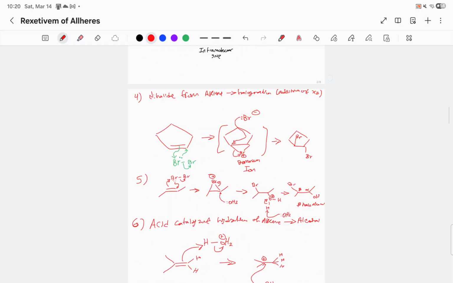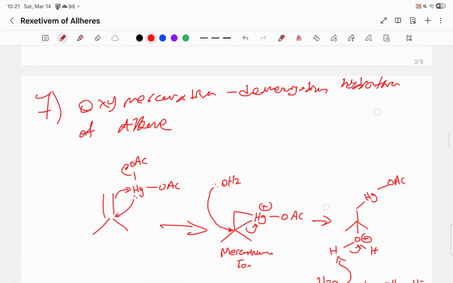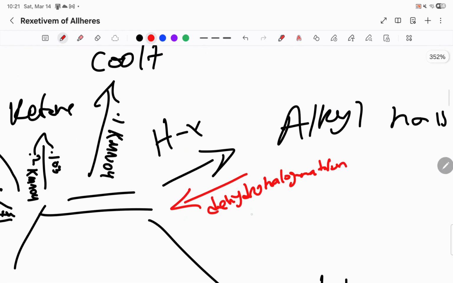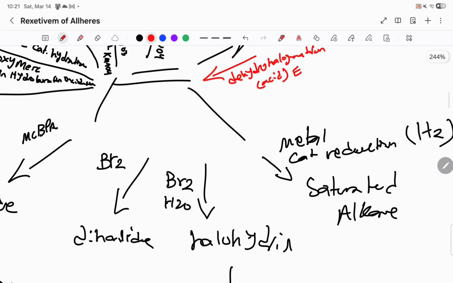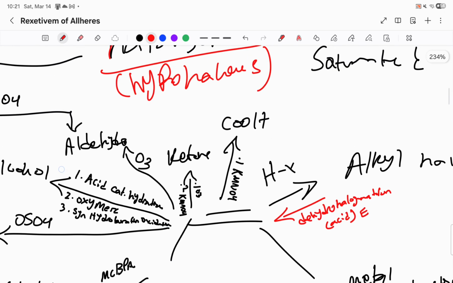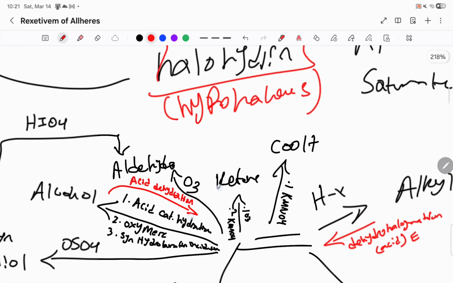There it is. Dehydrohalogenation in acid, right? We said this is a kind of E2, E1 mechanism. It was an elimination in general. We said going back from an alcohol is acid catalyzed dehydration.